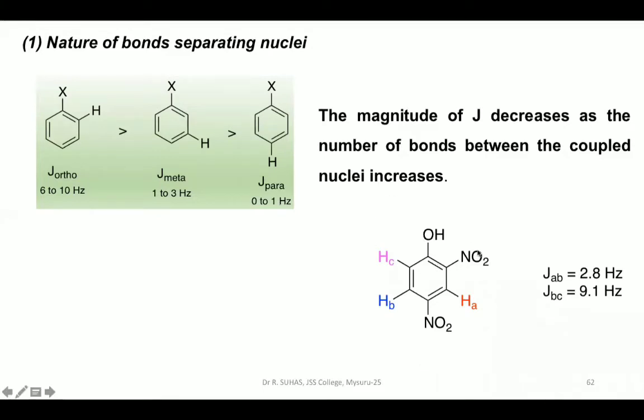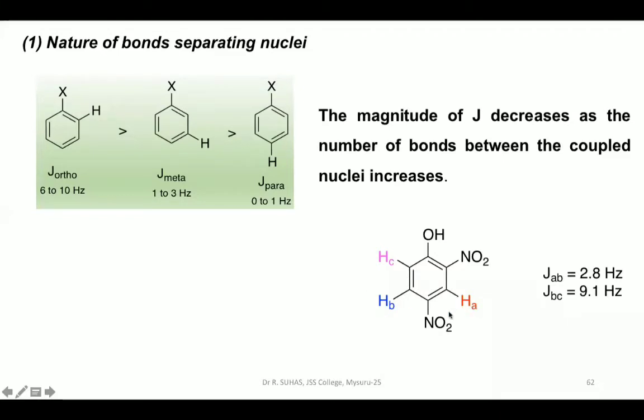This can be best understood by taking this example. This is 2,4-dinitrophenol. Here there are 3 kinds of protons: the ortho proton, the meta proton, and this is also a meta proton. Now we have to check the distance and the coupling constant value that we are going to get here.